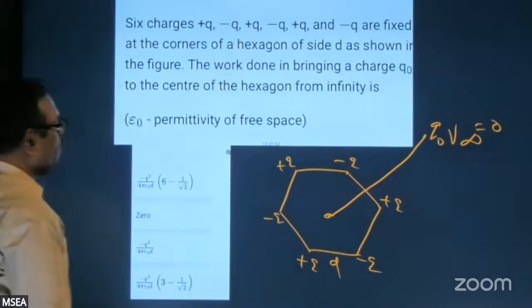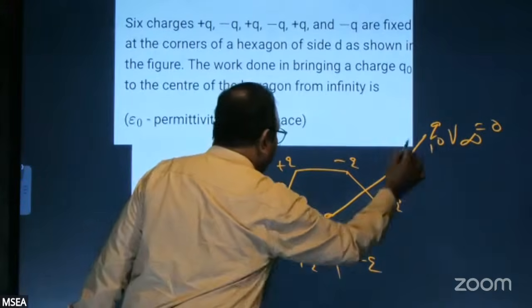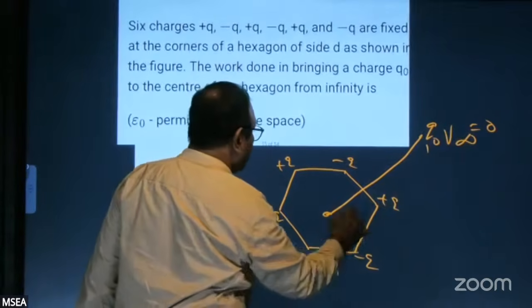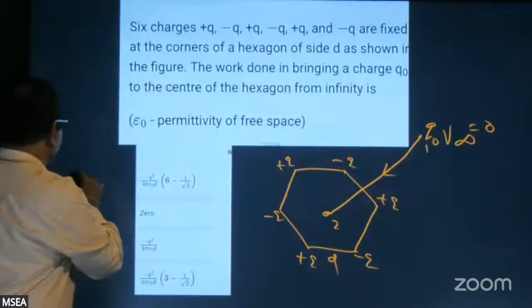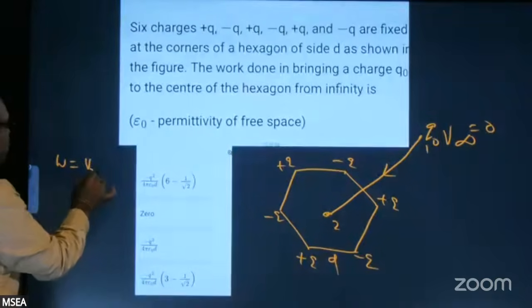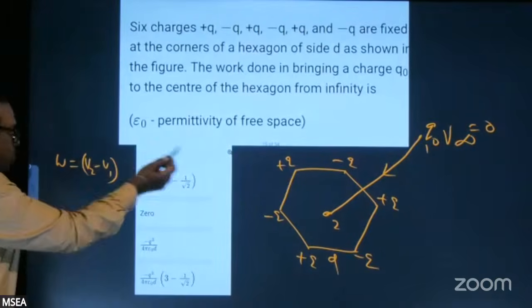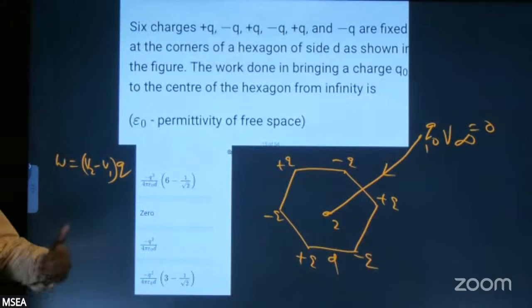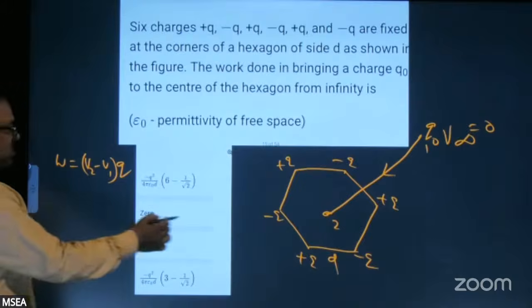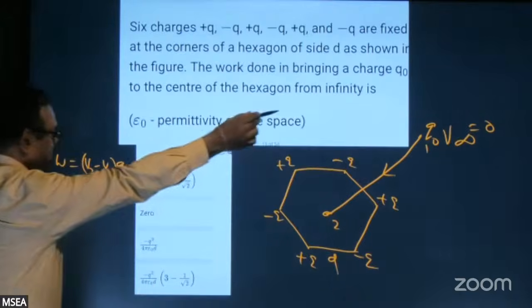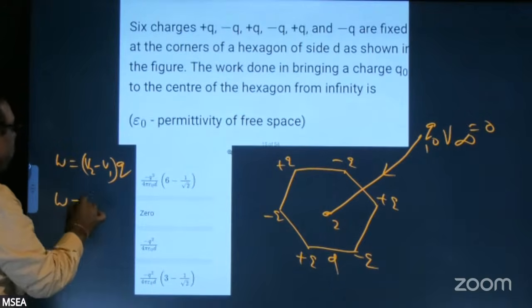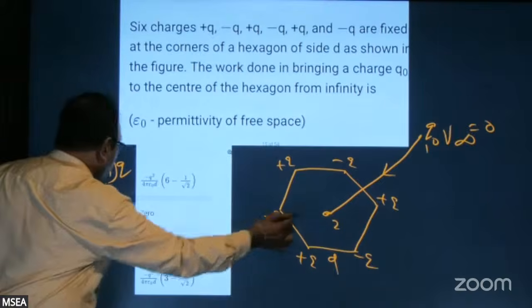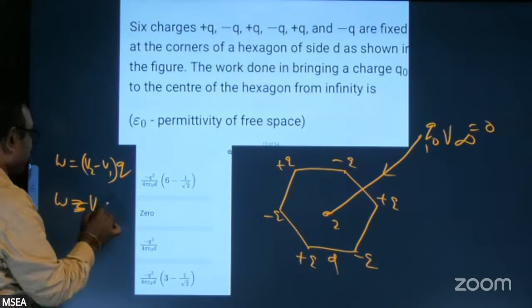If you want to calculate the work done, work done is equal to the potential difference from 1 to 2, V2 minus V1, into the charge that is moved. But the potential at infinity, at the first point, is 0. Therefore it is the potential at this point 2 into the charge.